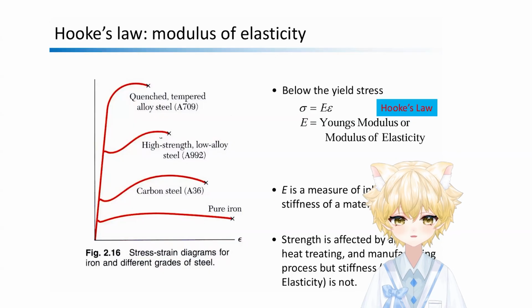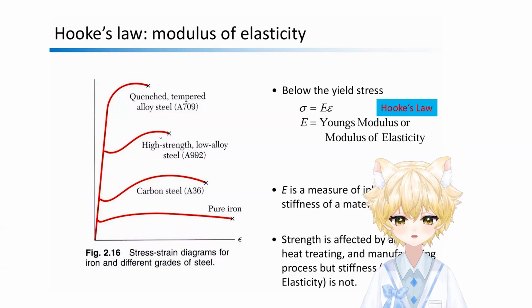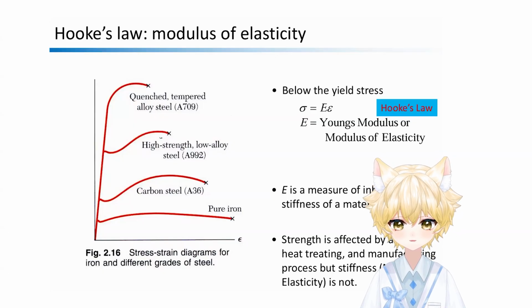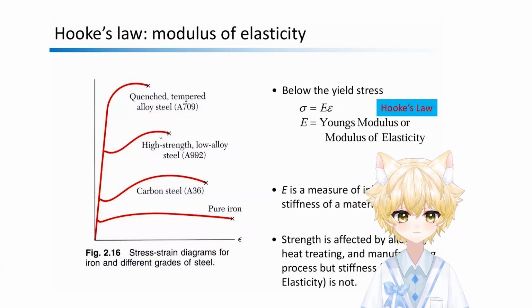Well, generally speaking, you can't really change the stiffness of a steel just by heat treating or manufacturing process. Whether it's soft iron or high-strength steel, the initial elastic response always remains constant.